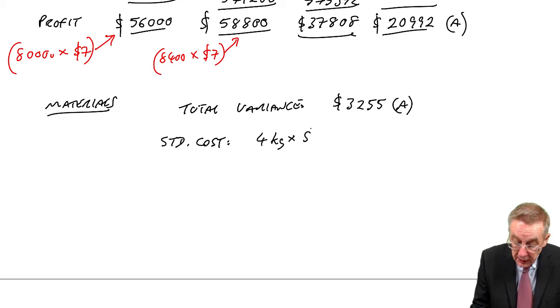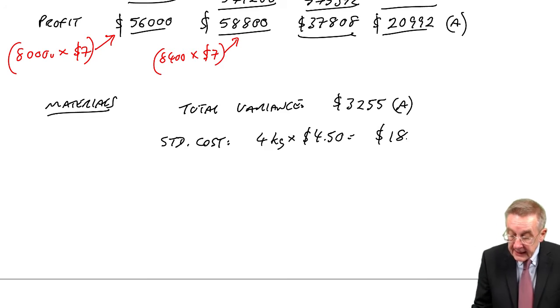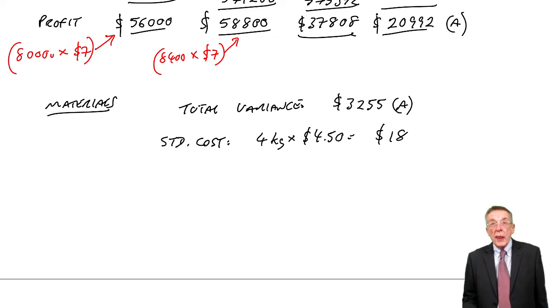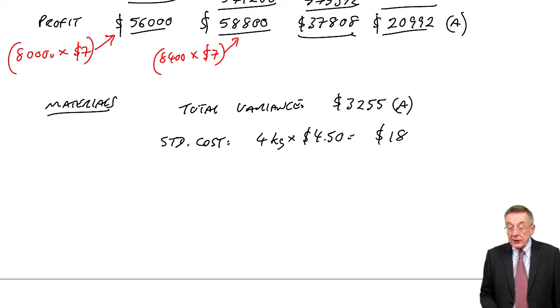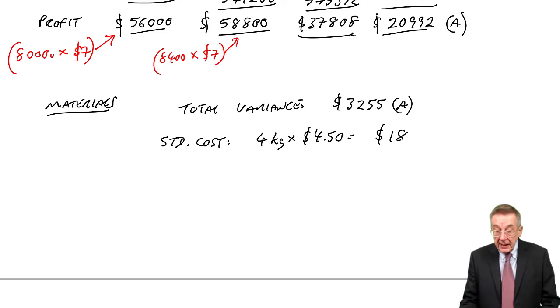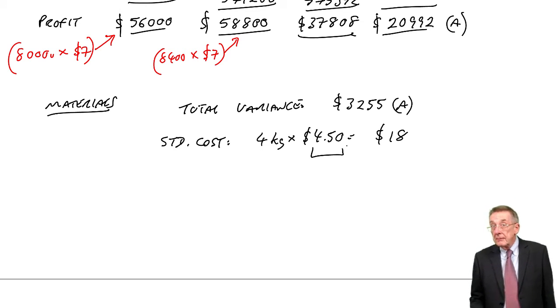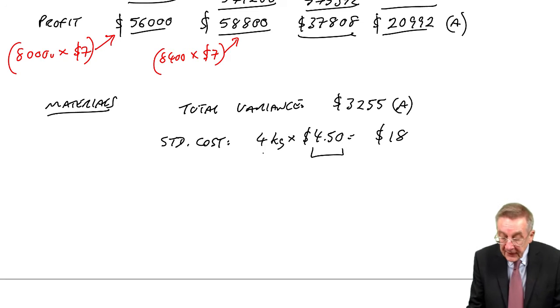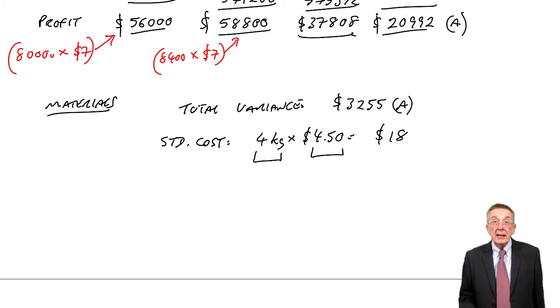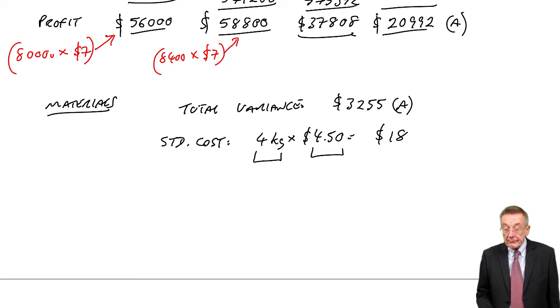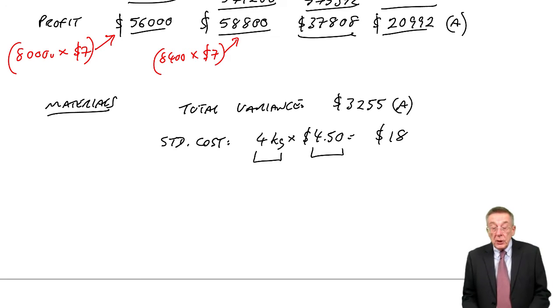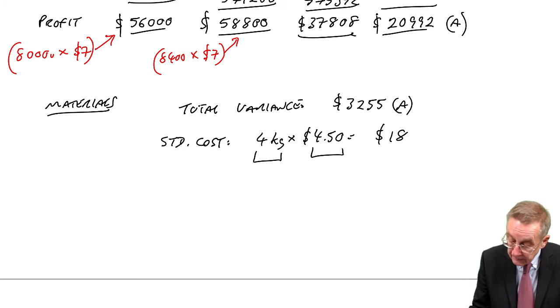The materials should cost us £4.50 per kilo. That's where the 18 came from. And as I said at the end of the last lecture, we need to find out, did we pay £4.50 a kilo or not? And separately, did we use 4 kilos or not? And so let's look at the two separately.